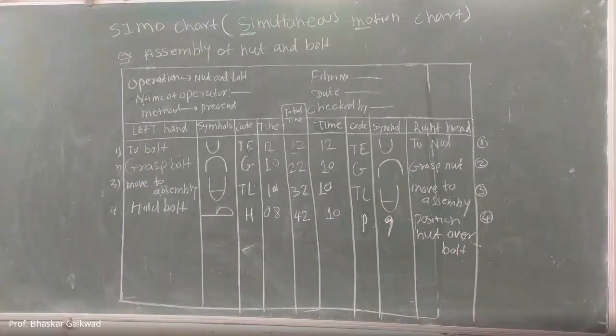But in micro motions, again, left and right hand is there, but this is related to the motions. Method study is left and right activity, and here it is motion. Okay, so you have to keep this difference between micro motion and method study. Okay, so this is about today's lecture.